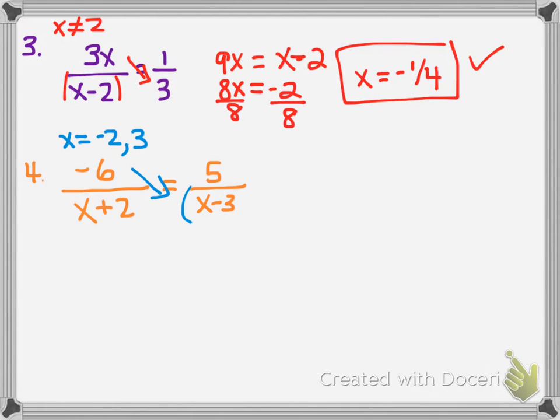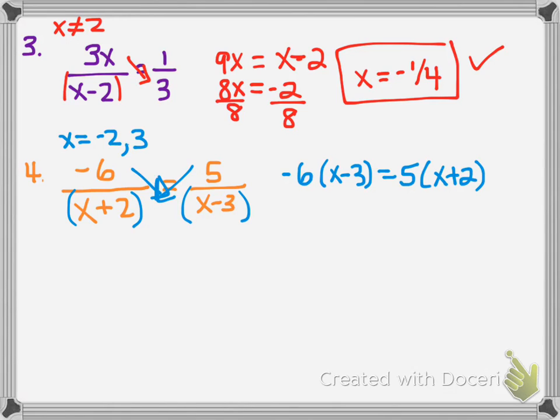So we're going to cross multiply, and I get -6 times x minus 3 equal to 5 times x plus 2. I distribute, and I get -6x plus 18 equal to 5x plus 10.